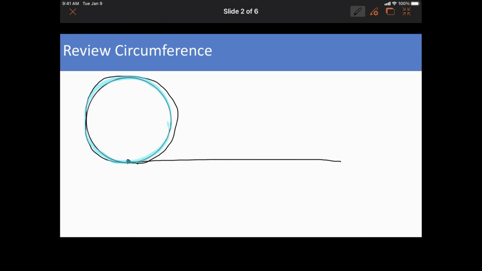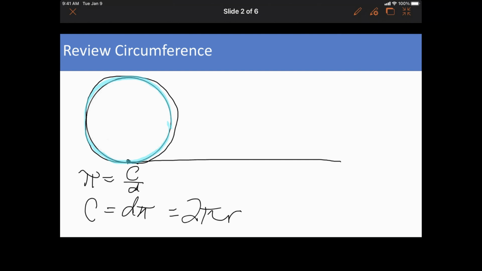So we know that pi is circumference over diameter. Therefore, circumference equals d pi or 2 pi r. Let's do a practice problem to review. All right, so here, what are we given? Well, I'm given a circle O, and I believe 3.5 centimeters is the radius.